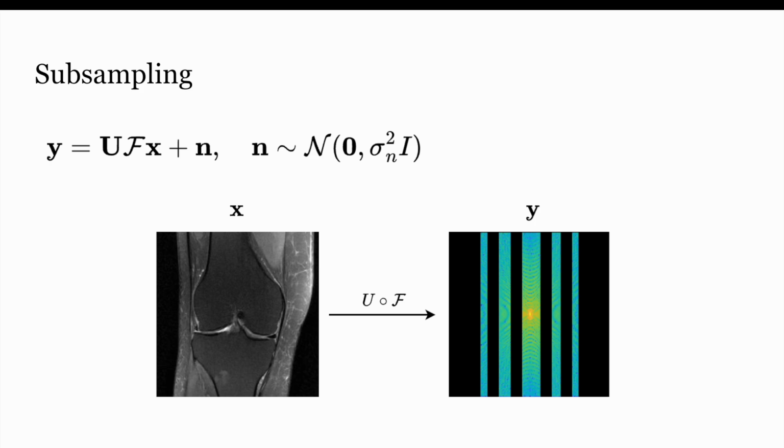So in the case of MRI, the measurement model is a Fourier transform, a spatial Fourier transform in two directions here, and you can then subsample the frequencies in a certain direction, in particular these vertical columns of pixels here. That's what you typically measure in MRI, and our subsampling mask can select certain frequency bins to sample.